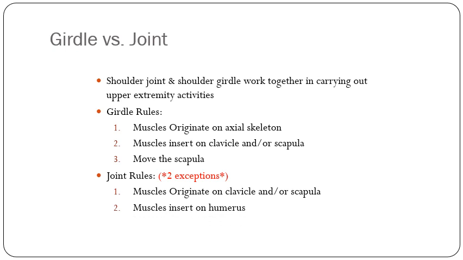They have to insert on the humerus, and they have to move the humerus. Again, there are going to be two exceptions to this rule that we'll encounter as we go throughout, so pay close attention to that as we go along. But these are the shoulder joint rules, to differentiate the muscles of the shoulder girdle and what they do versus the muscles of the shoulder joint.